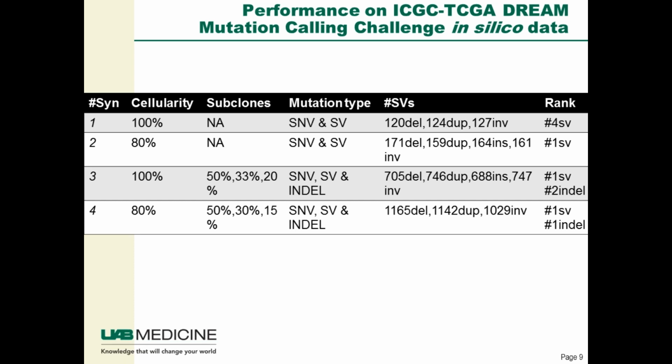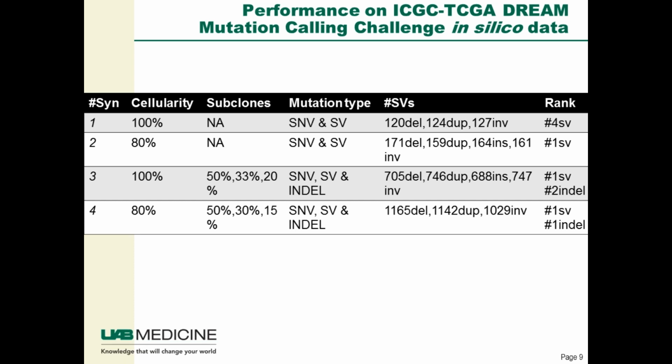NovelBreak achieved the highest sensitivity for the first in silico data, but overall the precision is a bit low, so we ranked 4th place. After that, I developed a scoring algorithm to filter out the false positives. So for subsequent sub-challenges, NovelBreak consistently ranked in 1st place.